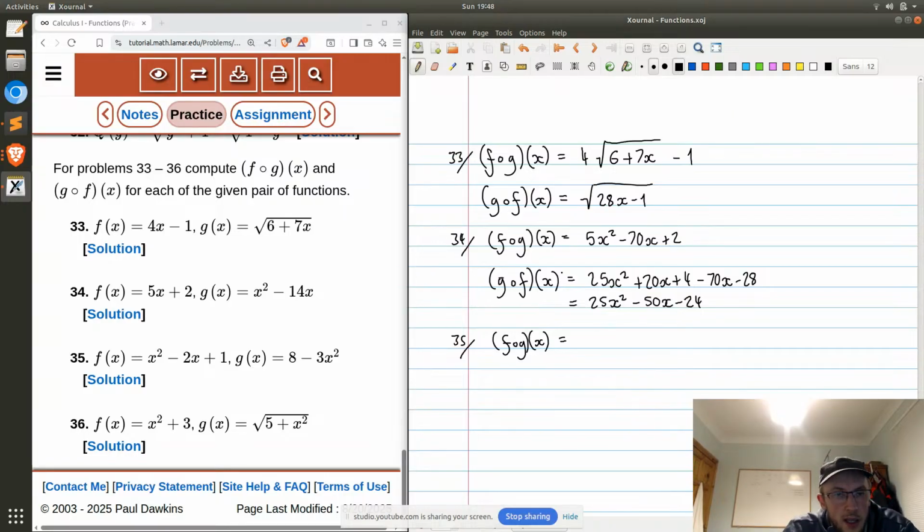So square 8 take 3x. All right, then we get 9x squared minus 48x plus 64. And then multiply it by a negative 2. So we're going to have 6x squared minus 16x.